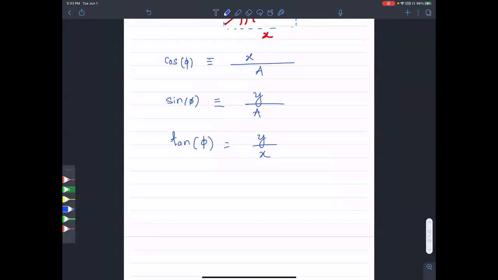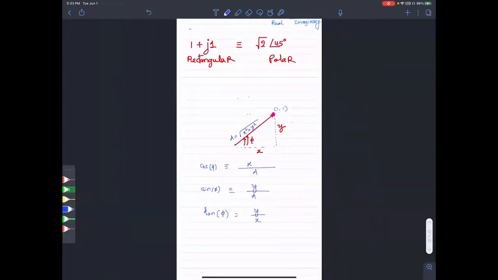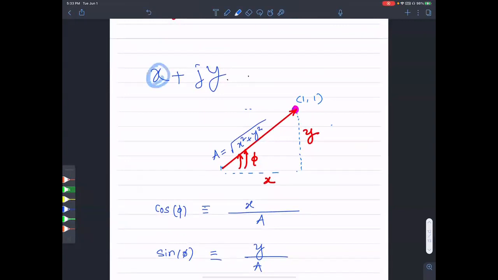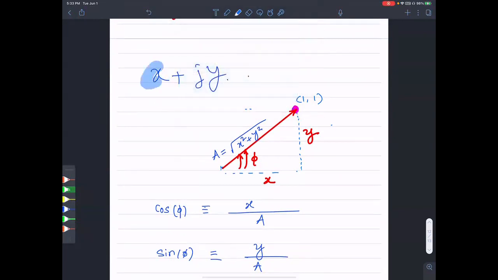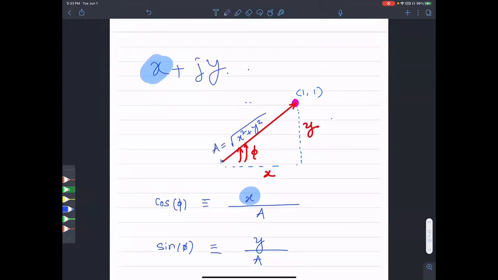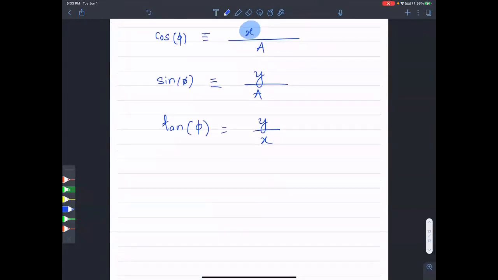If you wanted to get the x plus jy form, so this is x plus jy, right? x is the x-axis plus jy. If you want to get to the real part, which is x, then all you have to do is take the real part of this imaginary number e to the j phi, or your sine wave.